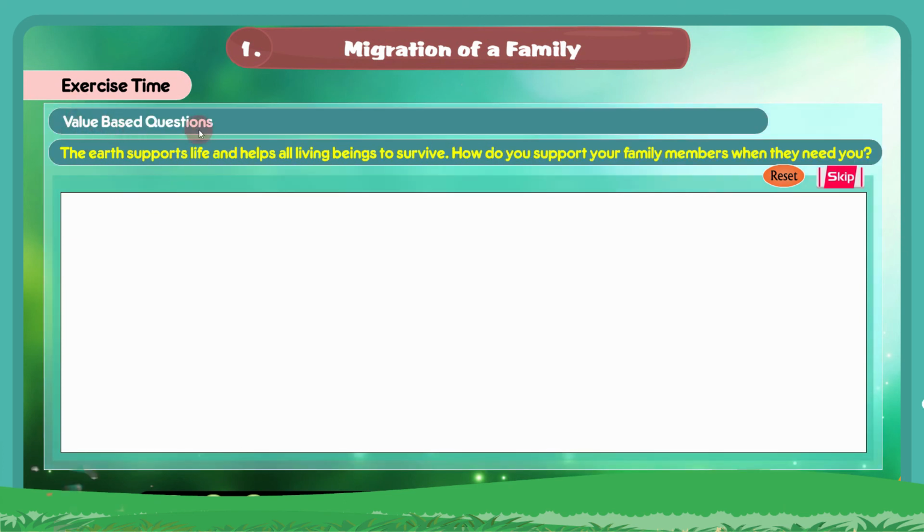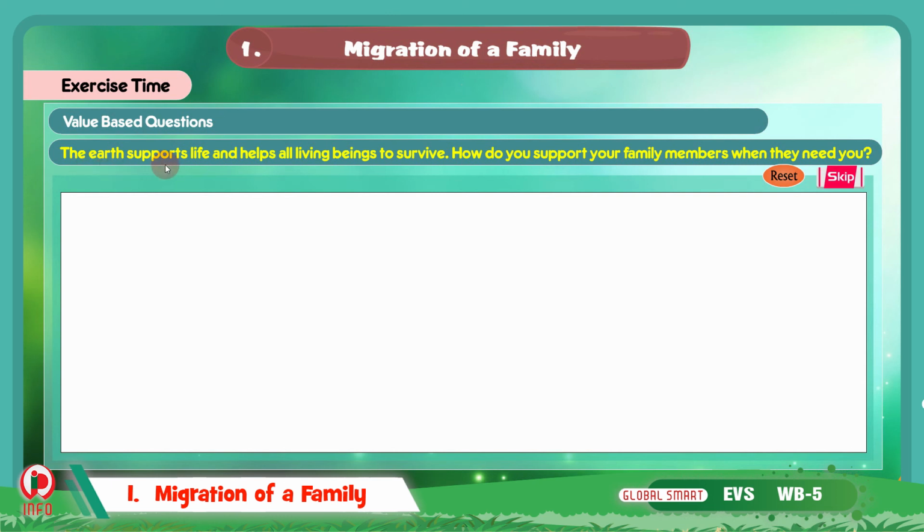In value based questions, the earth supports life and helps all living beings to survive. How do you support your family members when they need you? Here they are giving us an example of earth. It supports life and all living beings to survive.